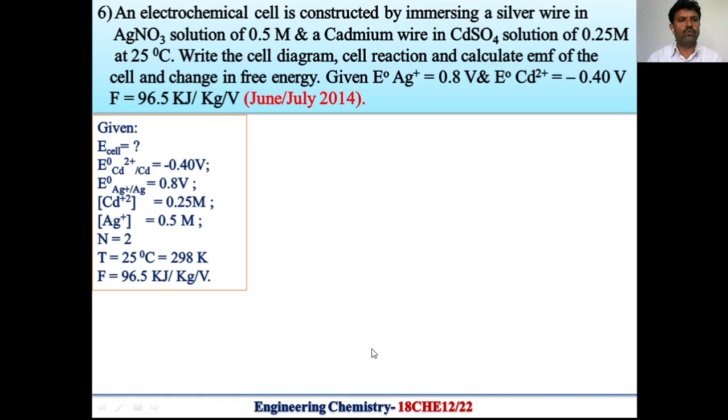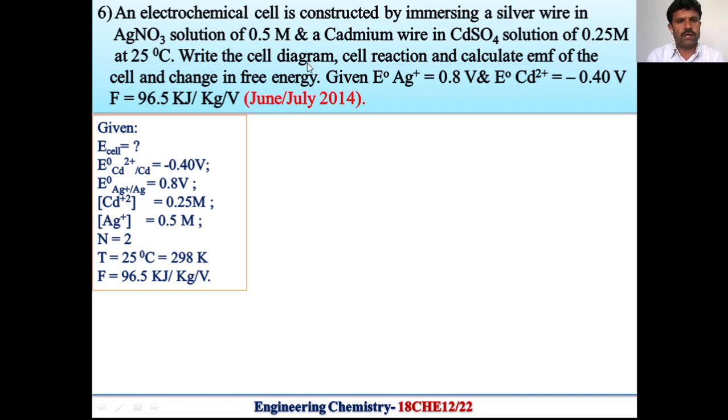Let's move to problem number 6, which appeared in the June-July 2014 question paper. Here an electrochemical cell is constructed by immersing a silver wire in silver nitrate solution of 0.5 molar and a cadmium wire in cadmium sulfate solution of 0.25 molar at 25 degrees Celsius.